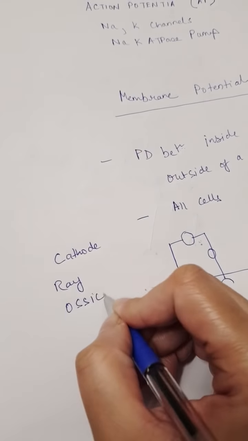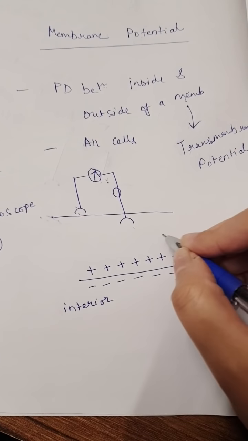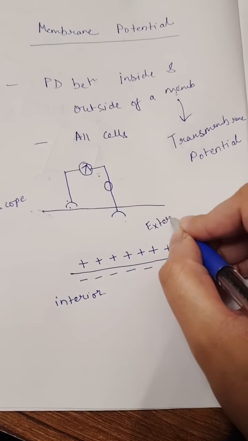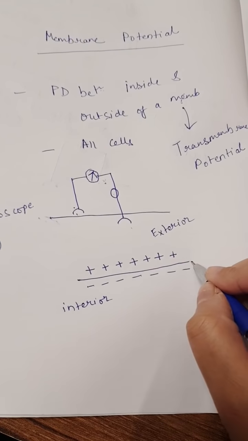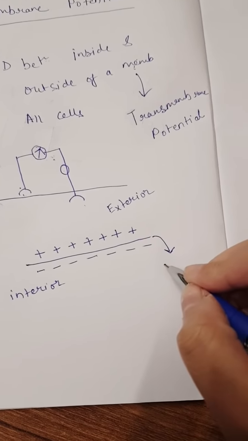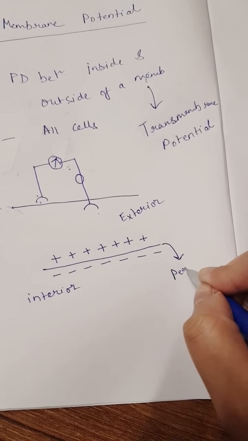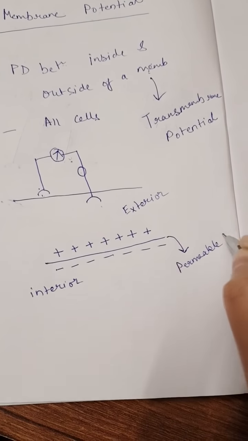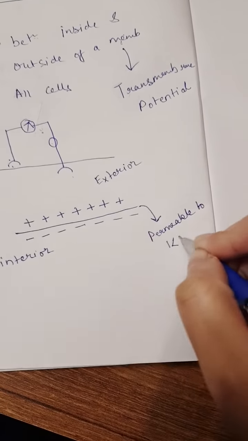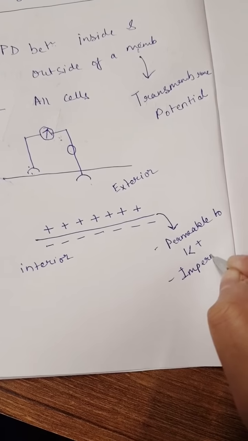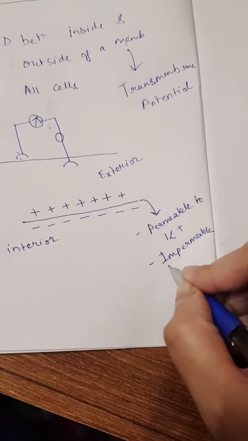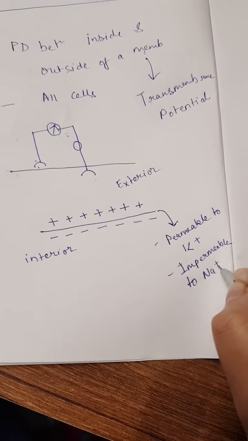Now by experiments we have found that the interior of the cell has negative charge, while the exterior has positive charge. This is interior, this is exterior. This is the membrane, and this membrane is permeable to potassium via leak channels and impermeable to sodium.